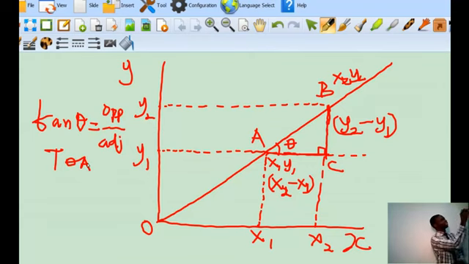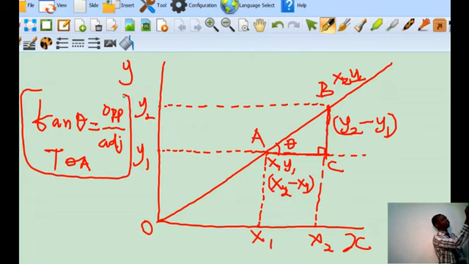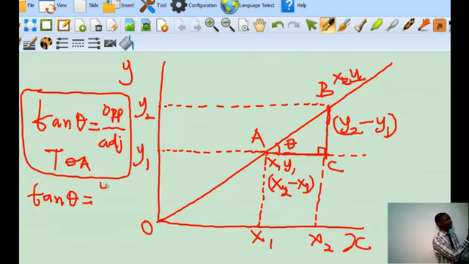Now, if you want to use this expression to get the gradient of this line AB, your tan theta will give you your opposite side, which is y2 minus y1, over adjacent. Your adjacent is x2 minus x1.